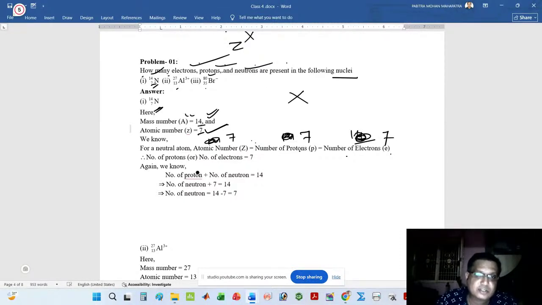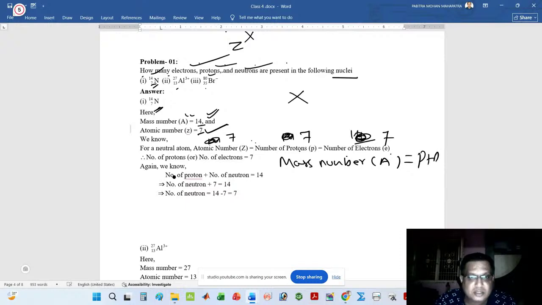For calculation of mass number, we know the formula: mass number A is equal to P plus N, number of protons plus number of neutrons, which is 14. Now put the value of number of protons, that is 7.